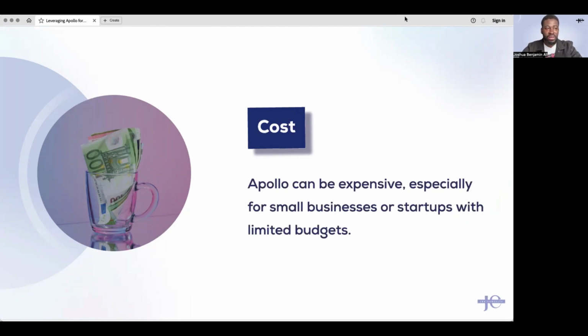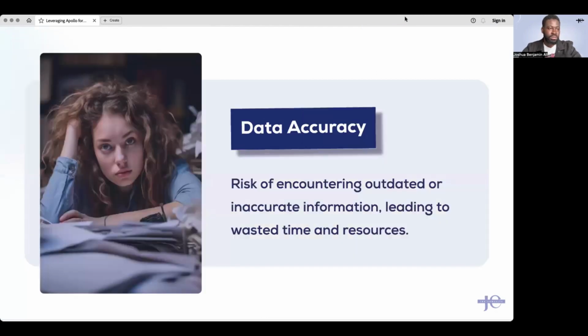But if you do have a dedicated person who is going to be utilizing it, or if you're going to be utilizing it yourself effectively, then I think you would want to spend that cost, because it's going to really help you when it comes to lead generation, connecting with customers and closing deals. But the cost can be a disadvantage for small businesses or startups.